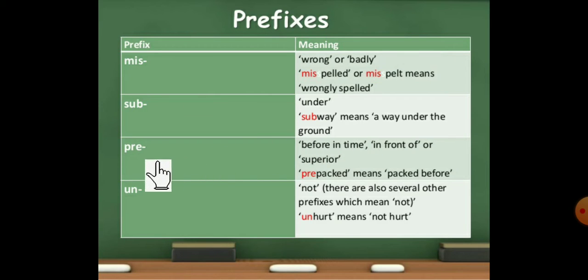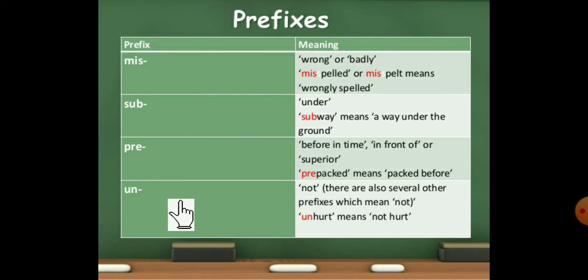Got it? Now pre. Pre means before in time, or in front of, or superior. These three meanings are there for pre. Here packed is a root word, and you added pre. So pre-packed means what? Packed before. Un means what?